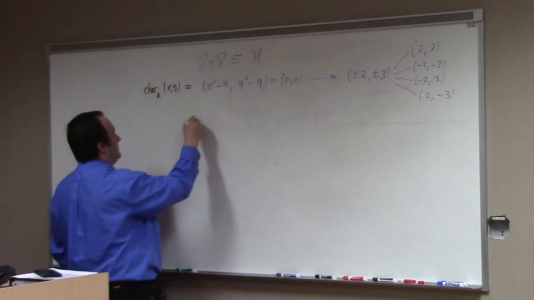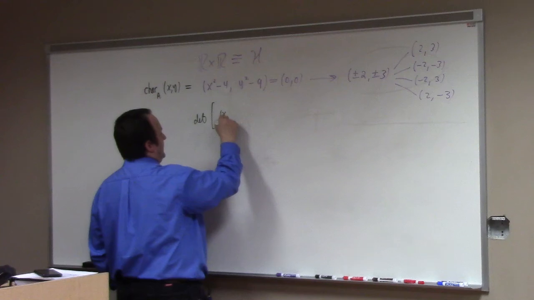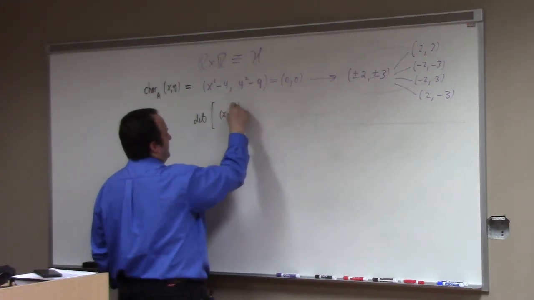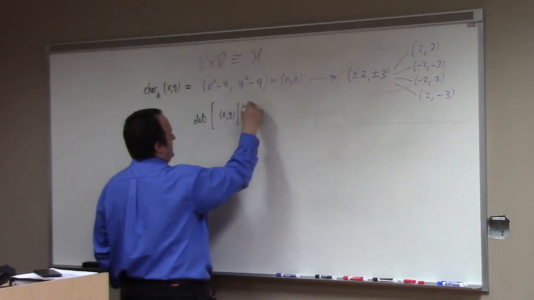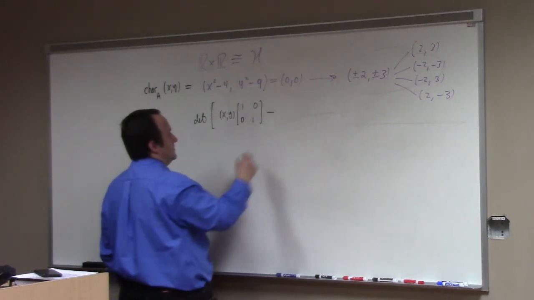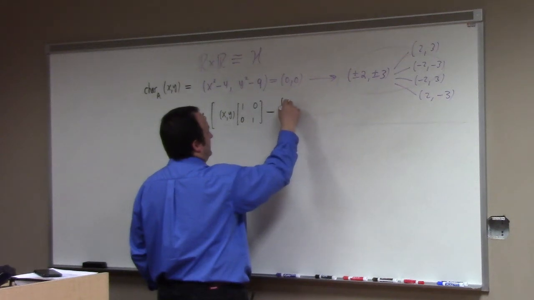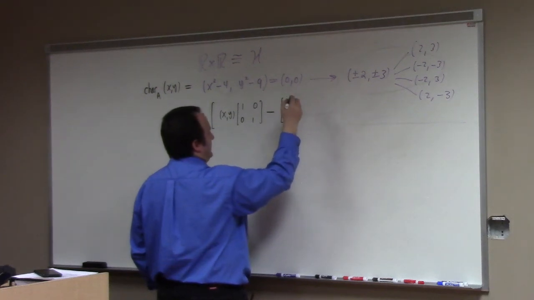So we're looking at the determinant of x comma y times 1, 0, 0, 1 minus my A, which would have things like A1, I don't know what's a good notation here, guys. I'm going to run out of letters.